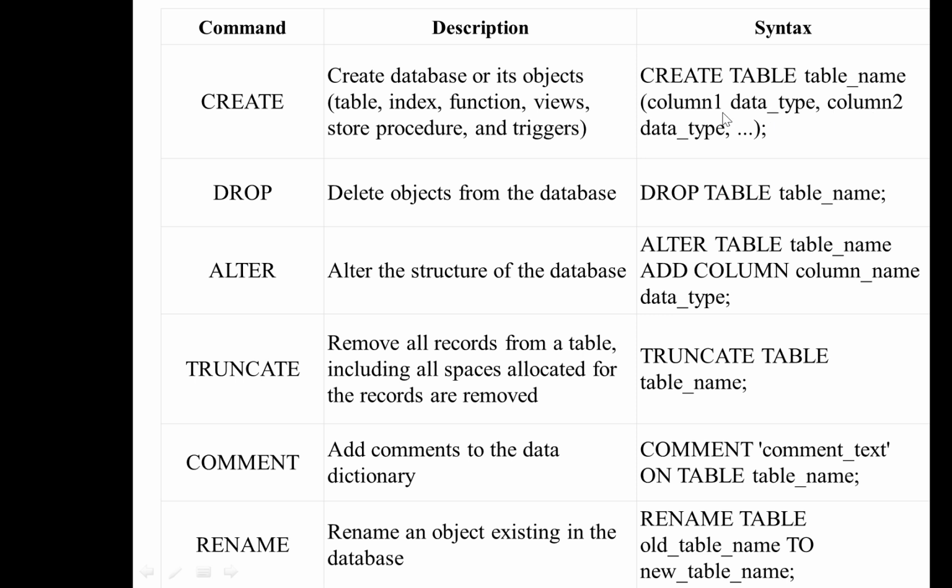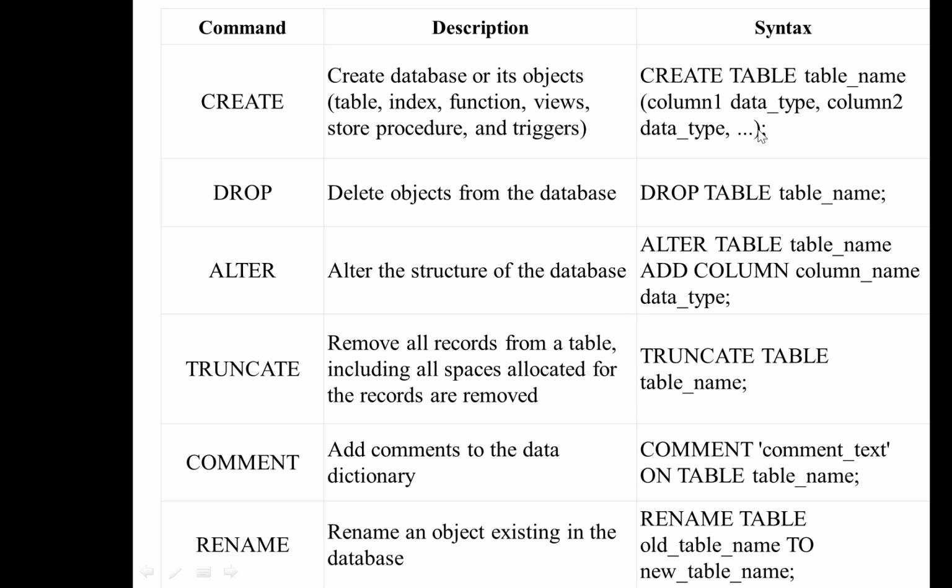So the first column name and then data type, then comma, the next column name, column 2, and then with a space we mention the data type of column 2. These column names and data types are mentioned within a parenthesis. After this parenthesis we have to give the semicolon. This is the syntax we have to follow for creating a table.